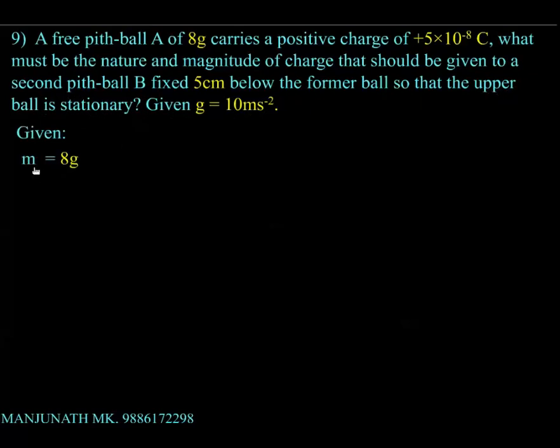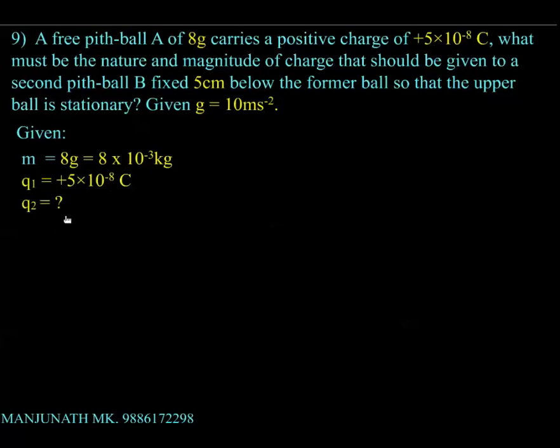Here given mass is equal to 8 gram. This should be in kg. This 8 gram is equal to 8 into 10 to the power of minus 3 kg. Gram can be converted into kg by multiplying it with 10 to the power of minus 3. And the charge on pith ball is given, 5 into 10 to the power of minus 8 coulomb.